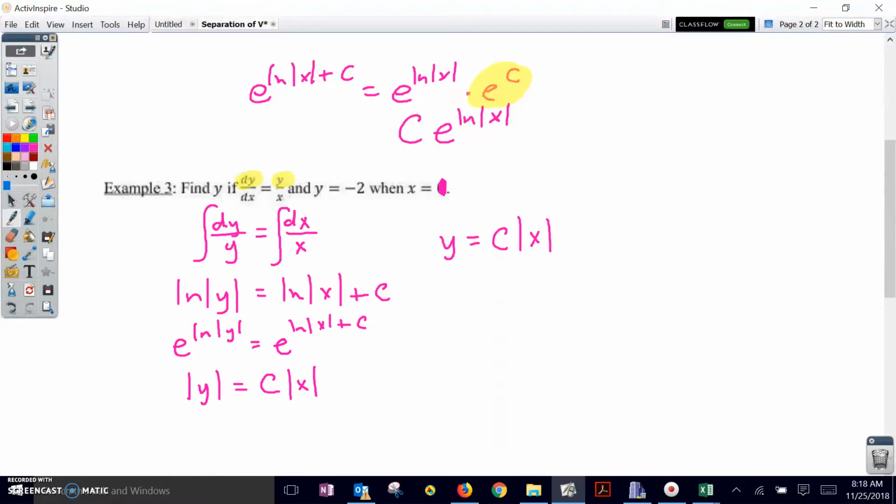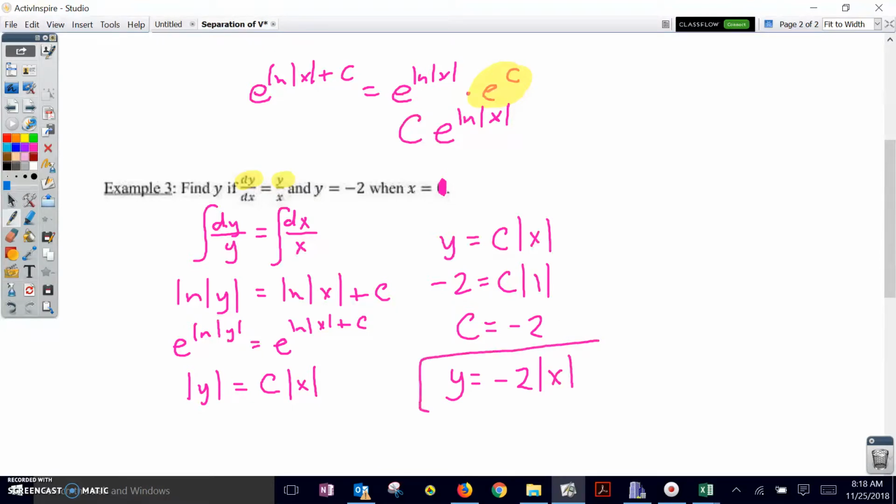And so we put negative 2 in for y and 1 in for x, and we find that c is equal to negative 2, and so this function is y equals negative 2 times the absolute value of x. Alright, there's our function.